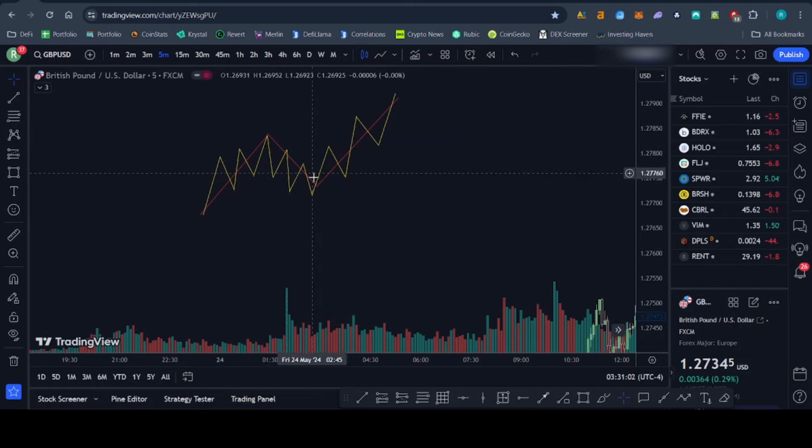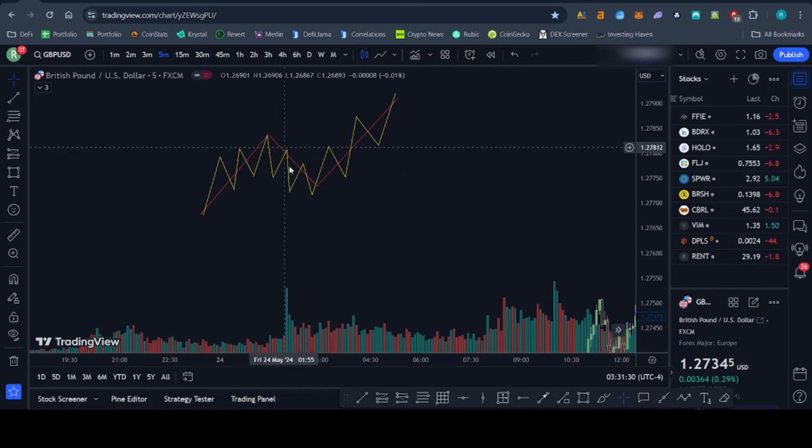But what would happen then when the daily chart pulls back like this? So we're still in an uptrend overall, but the daily chart is coming back down to the downside, but it's not breaking below this low, so we're obviously still confirmed in an uptrend. But what would it look like on the 5-minute chart? Well, what we would see is a high, a low, a lower high, and then we'd break and close below this low to put in a lower low.